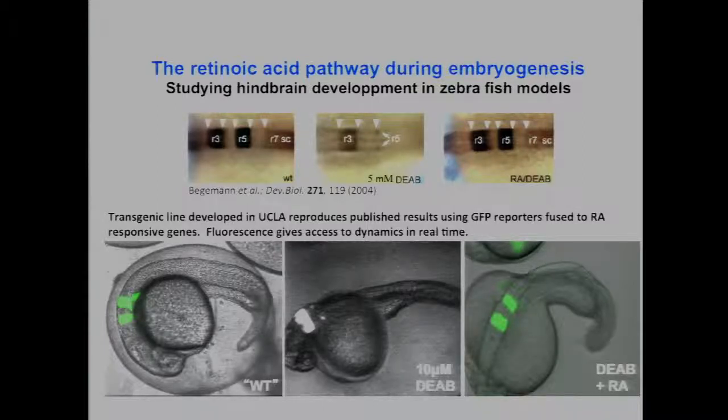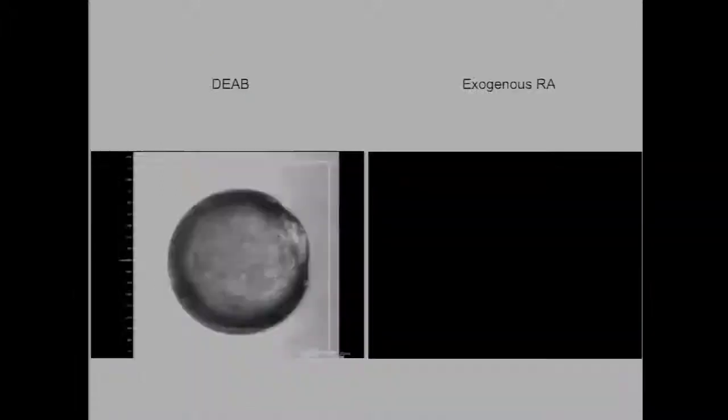We got a transgenic animal from our collaborator Shiu Ling at UCLA, who did the same, except that now we have a green fluorescent protein in those two rhombomeres. Here again, inhibiting the synthesis of retinoic acid, we don't get normal development. If we add retinoic acid from the outside, we can recover the phenotype.